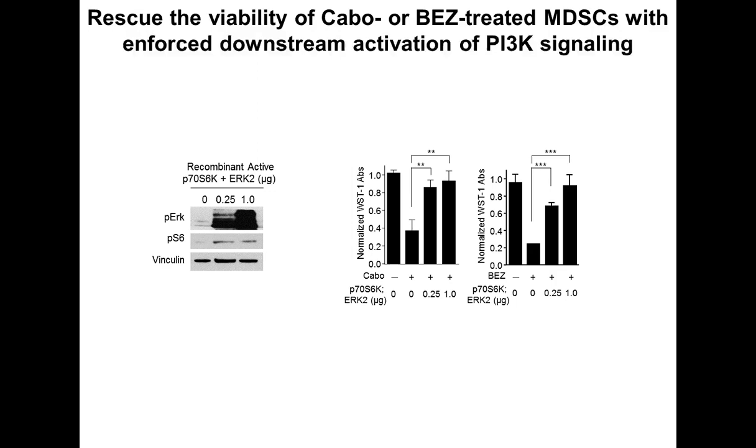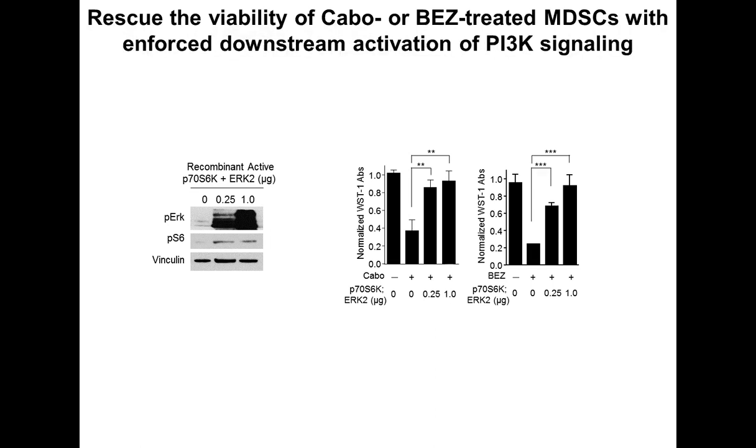And then once we do that, we see that the effect of cabozantinib or BEZ on the proliferation of MDSCs was relieved, right? So now you see on the right, on the bar graph, that when you treat with cabozantinib or BEZ, there's a significant reduction of the proliferation activity and the viability of the MDSCs.